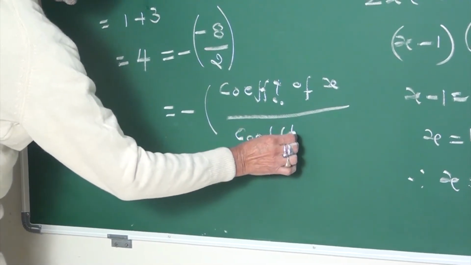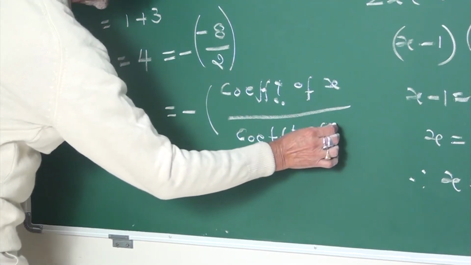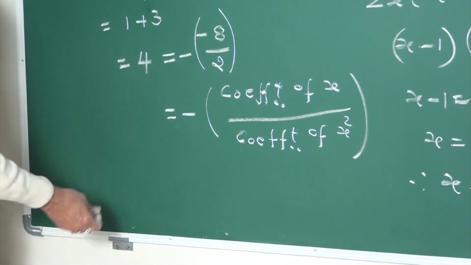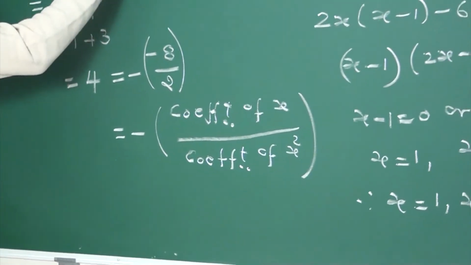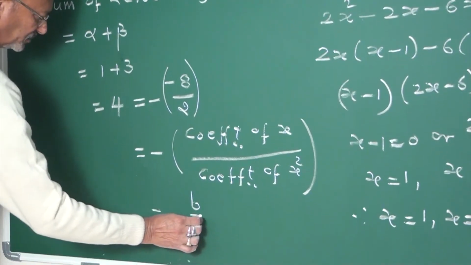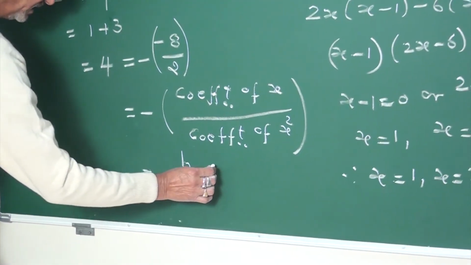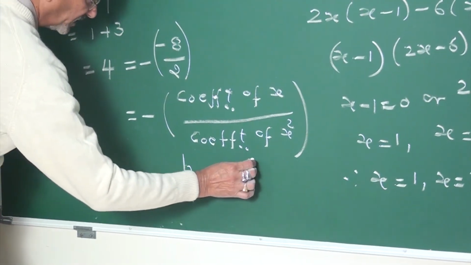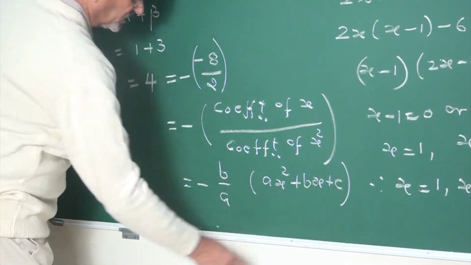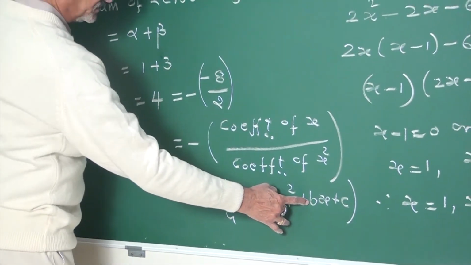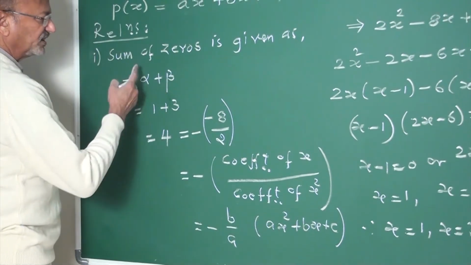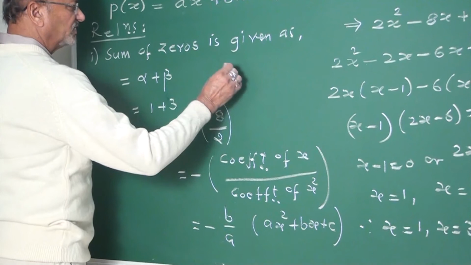Coefficient of x over coefficient of x square in general is b by a. This is in the case of ax square plus bx plus c. In this polynomial, the coefficient of x is b, the coefficient of x square is a. Therefore, in general, you can very well remember the relation.